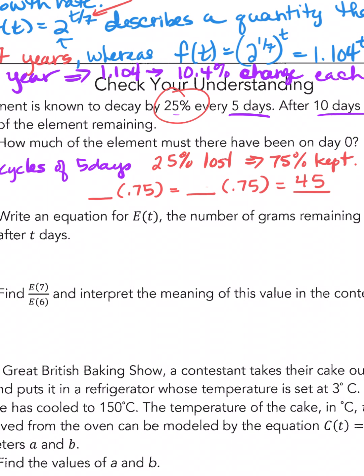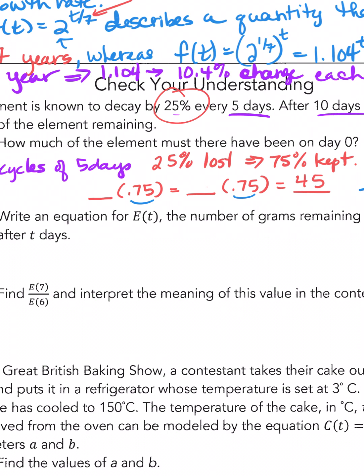Well, I want you to think about it this way. We multiplied by 0.75 twice, didn't we? So we started with some amount x times 0.75 squared and ended up with 45, didn't we?